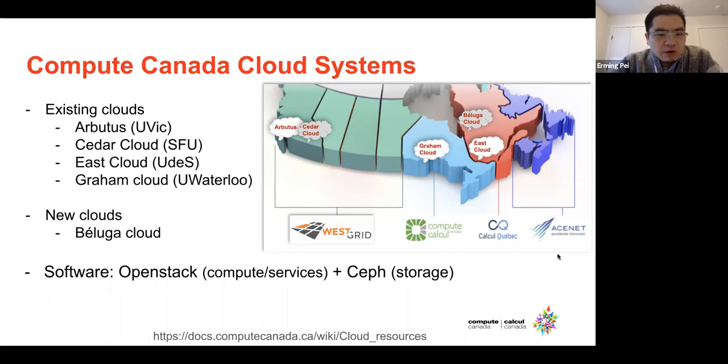They are all running the open source software called OpenStack. It's a middleware to run compute and all other auxiliary services, and they also use Ceph as the storage management system.